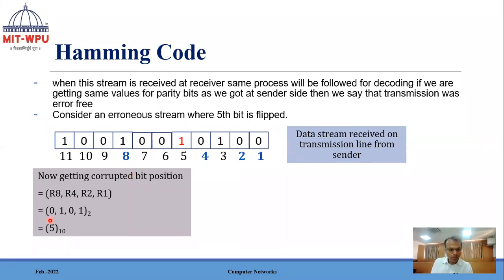And when you put the values of R8, R4, R2 and R1, the calculated R1, then you'll come to know what the decimal value of this group is. It is 101. Just 101 is 5. So that means the 5th bit is changed.